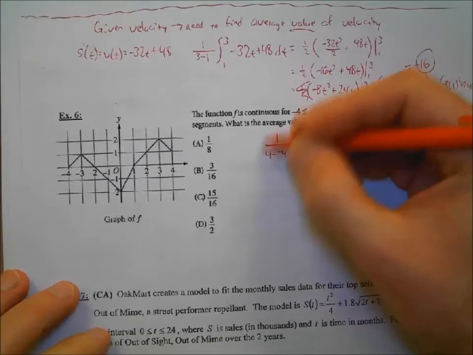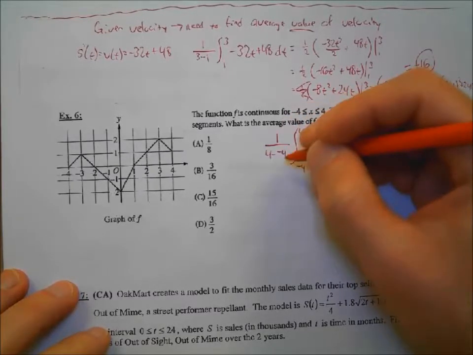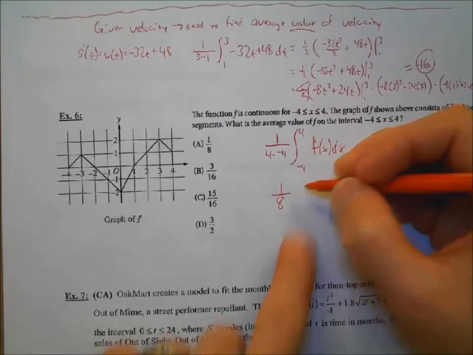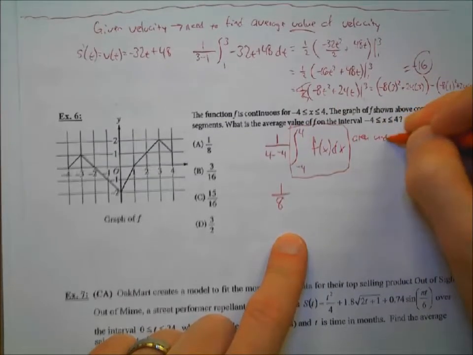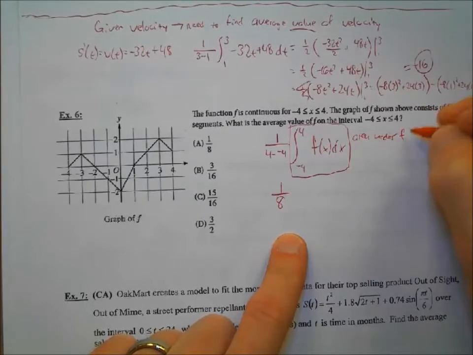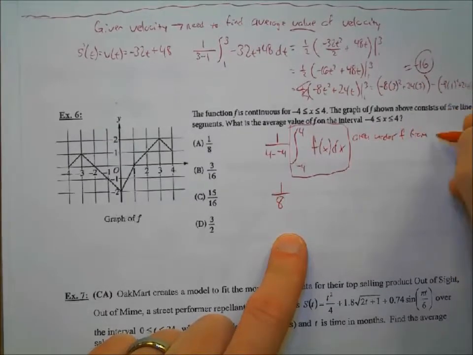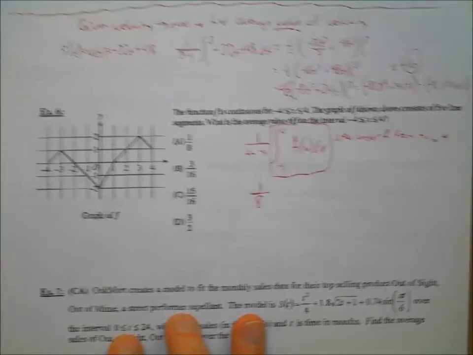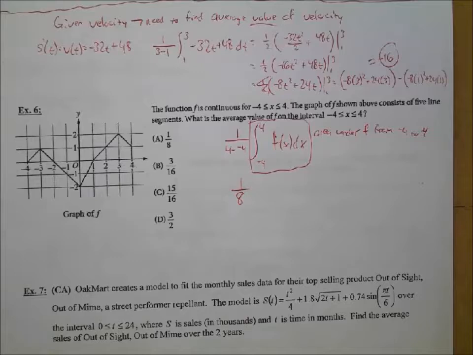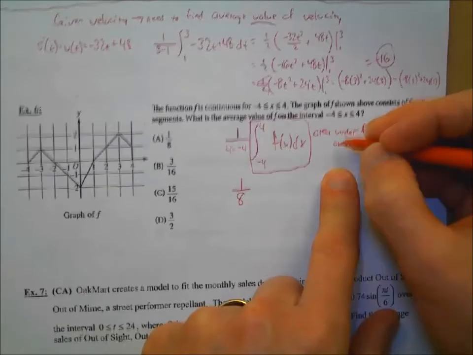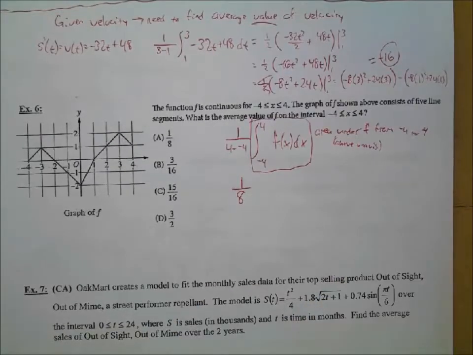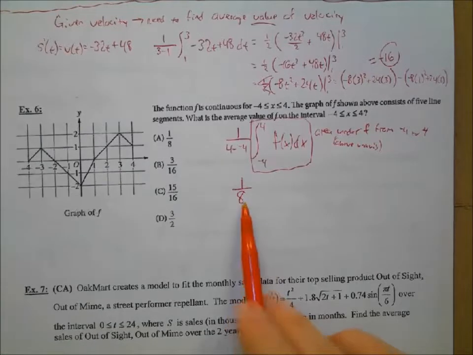So don't forget the 1 over 4 minus negative 4, which becomes 1 over 8. So this thing here represents the area under f from negative 4 to 4. So we just need to find all those little areas and add them up, and then multiply by 1/8.